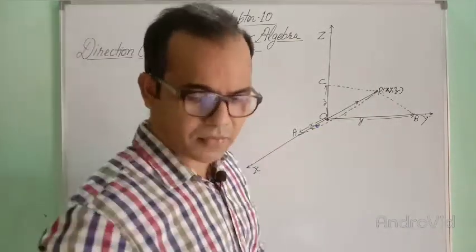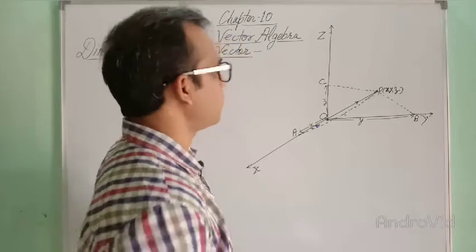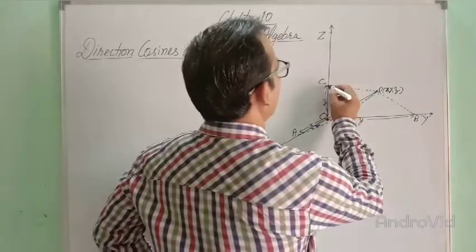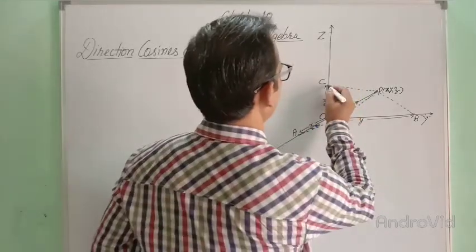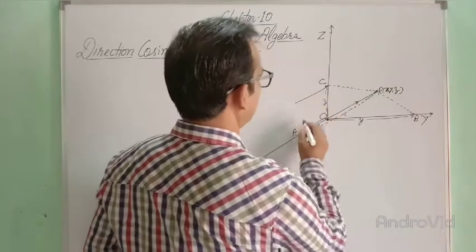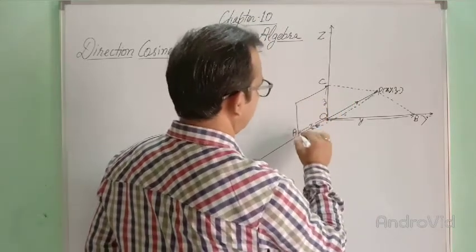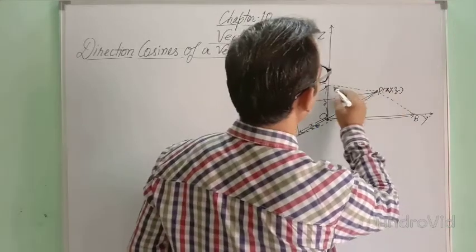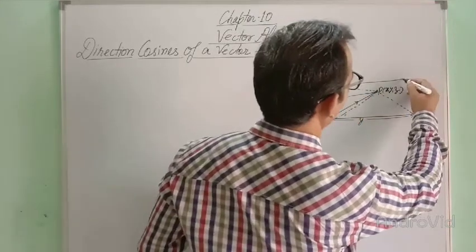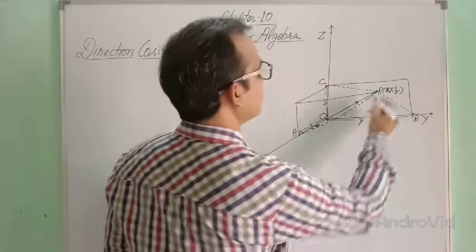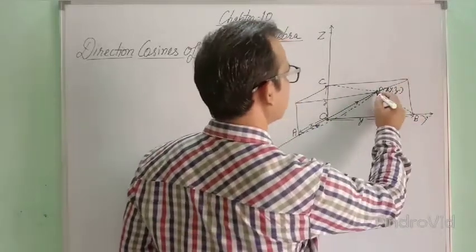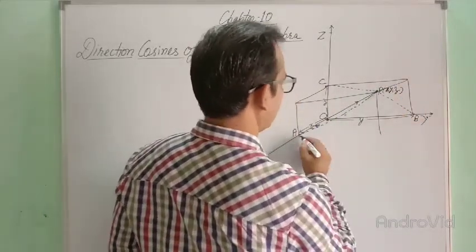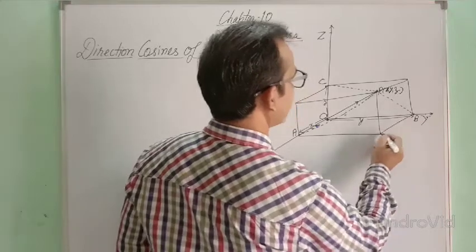Now let's complete the figure of the cuboid in three-dimensional space. How? Join this, draw perpendicular, this.